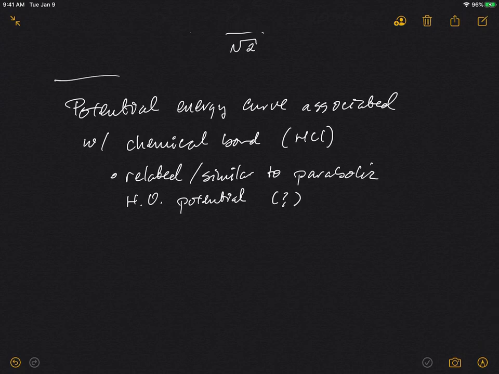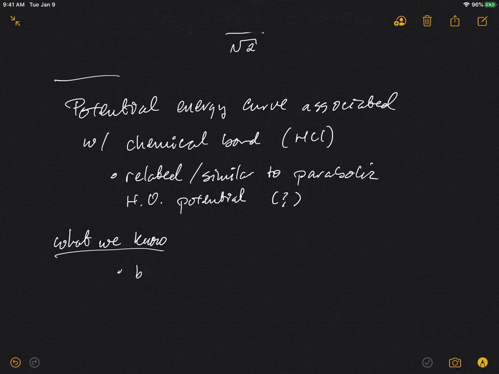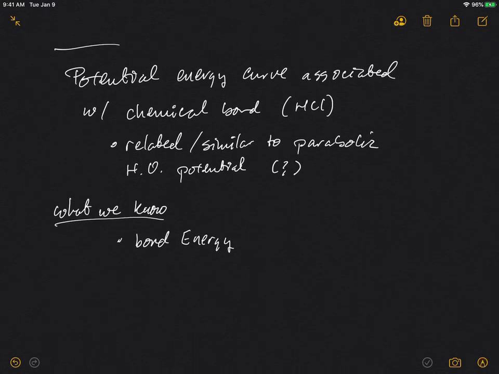What we think we know a little bit better about chemical bonds is that there is a bond energy associated with the bond, and basically that's the difference in energy between the atoms that are bonded together, versus if you pull them apart, or if they're initially apart.